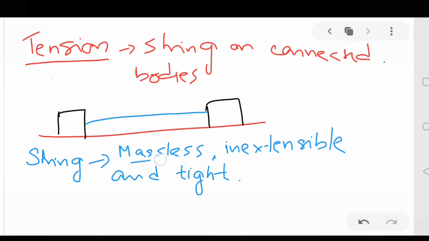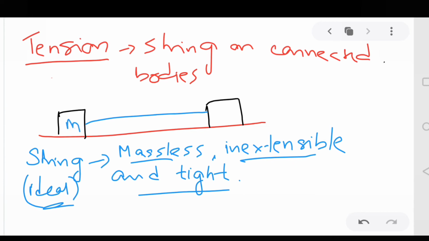These are the three features of an ideal string. Now suppose this block is of mass small m, and the other block is of mass capital M.